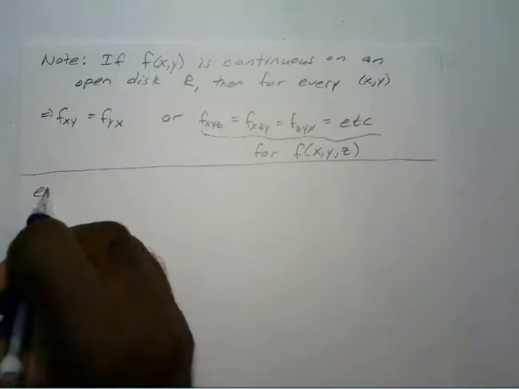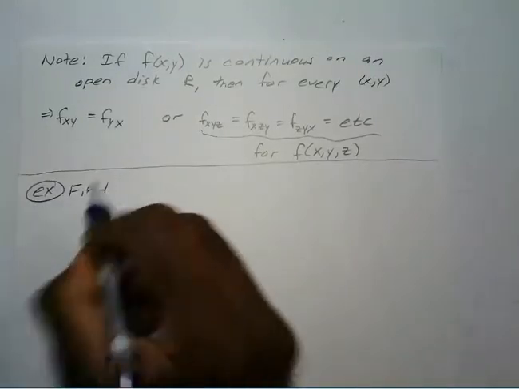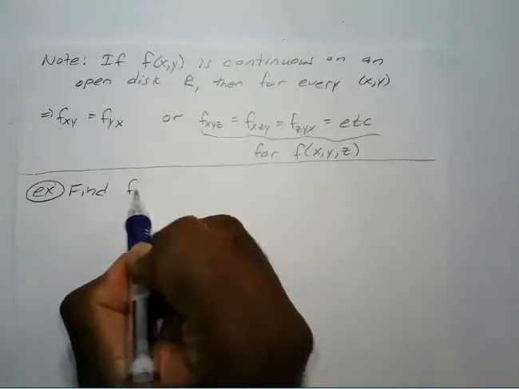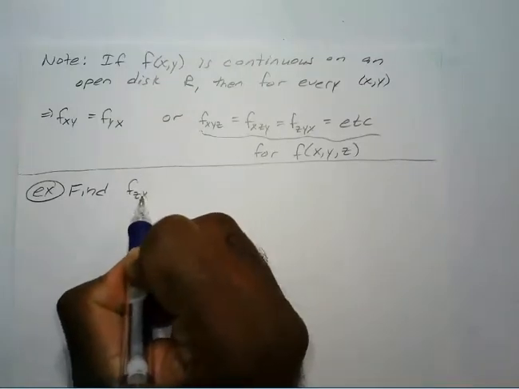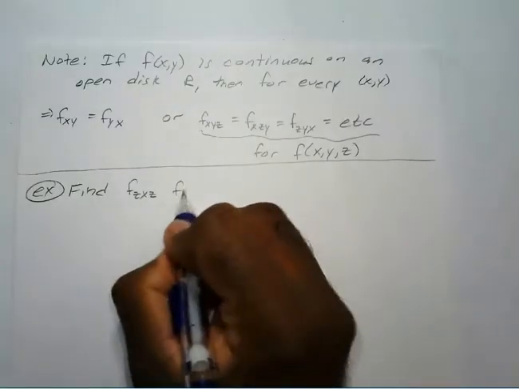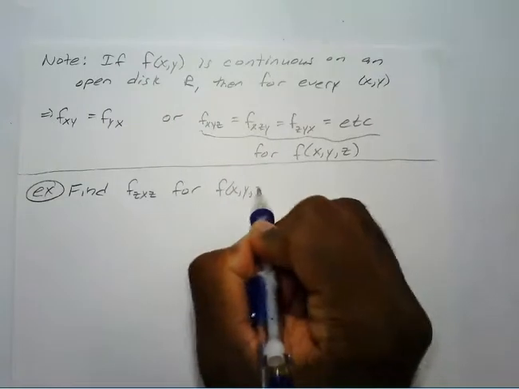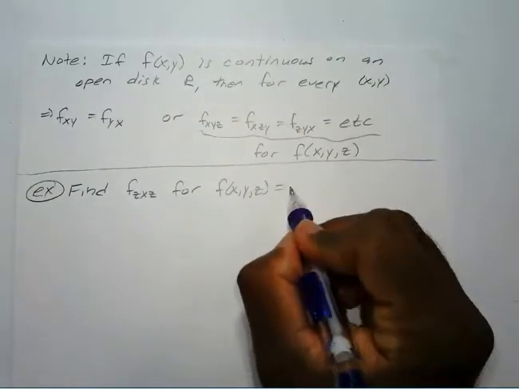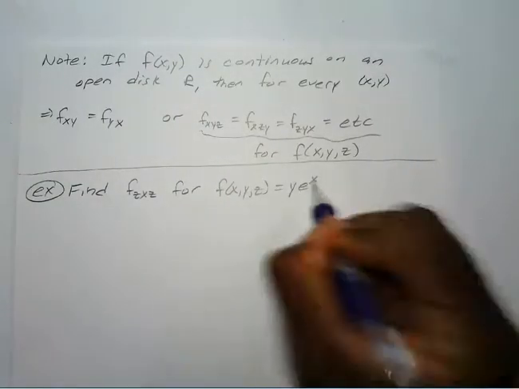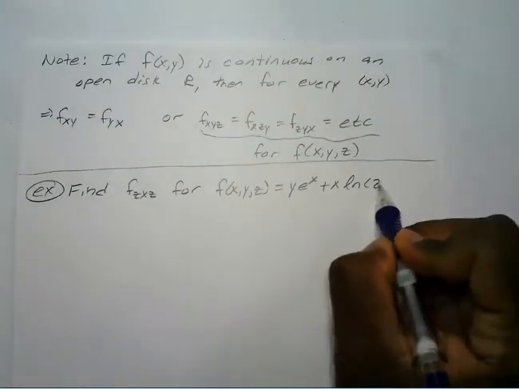Okay, so for example, what if we wanted to find the partial with respect to z, x, and z for f of x, y, z equals y e to the power of x plus x natural log of z.